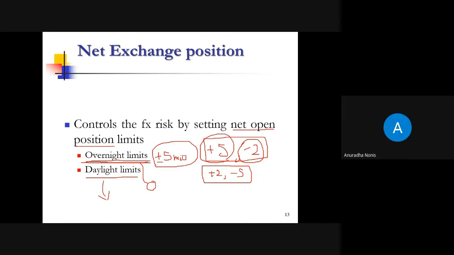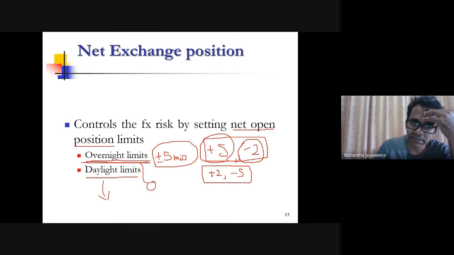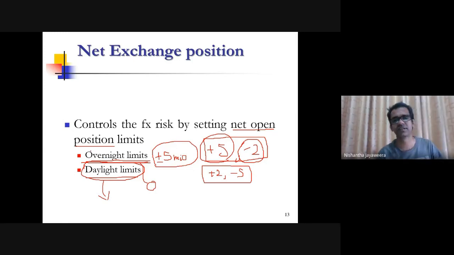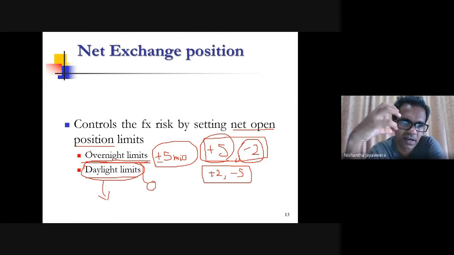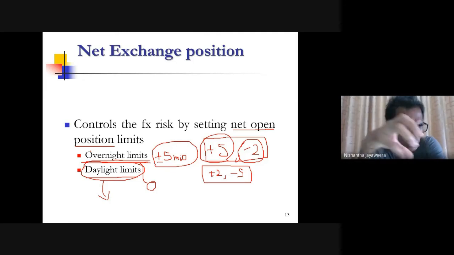Okay, so thank you. Then what I was discussing is the daylight limits. That means within the day, within the business hours, the NOP limit may not be the same as the overnight limit because there are transactions going on. You may have to quote for other banks and customers. They will hit you. So maybe your daylight limits may be slightly higher than the overnight limits, or maybe the same.